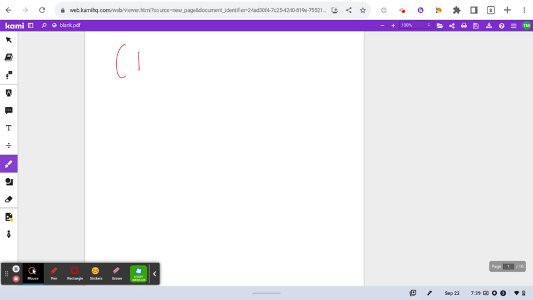So if you have a positive 6 plus a negative 4. So remember, you're looking at the numbers' signs, one's a positive, one's a negative.